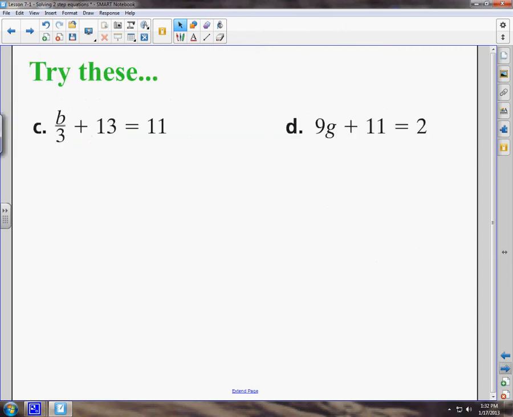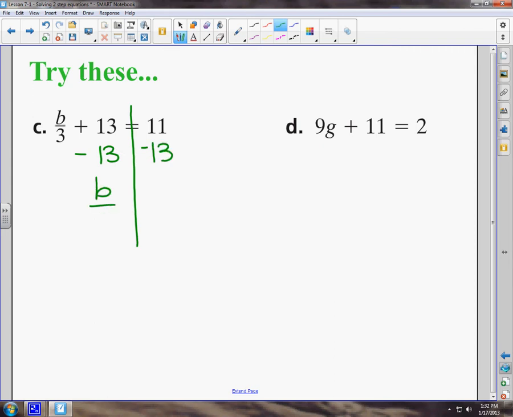All right, try these and then we will go over them. First, I'm going to minus 13 from both sides. Then I get b over 3 equals 11 minus 13, which is negative 2. Then I'm going to multiply both sides by 3 because that's division.